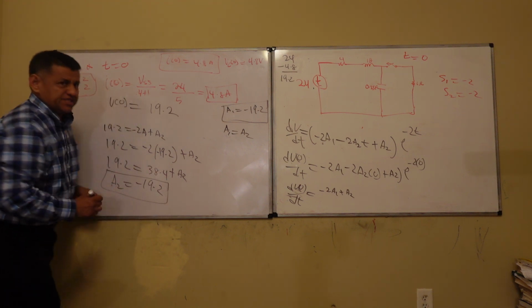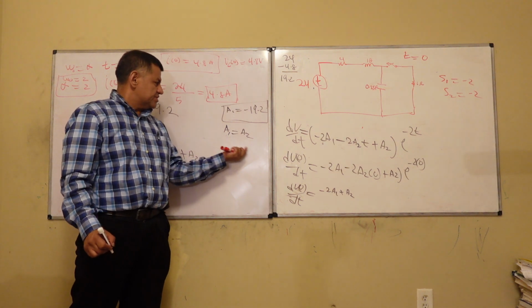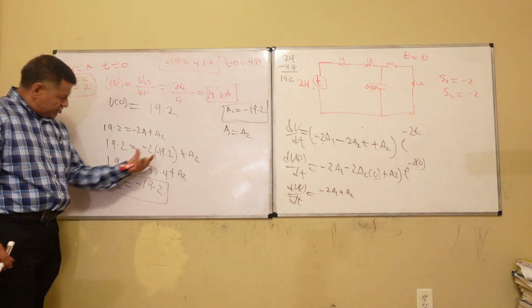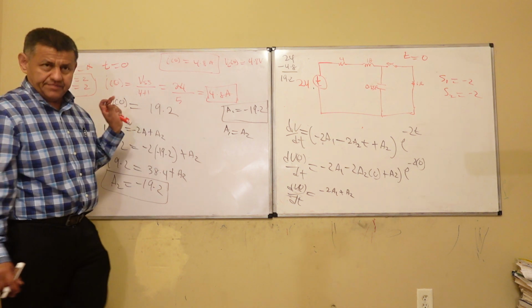If you trust yourself, you will just trust in that, and okay, you will say they are both equal, right? But if you don't trust yourself, then you check yourself and you figure out that A1 and A2 are the same.